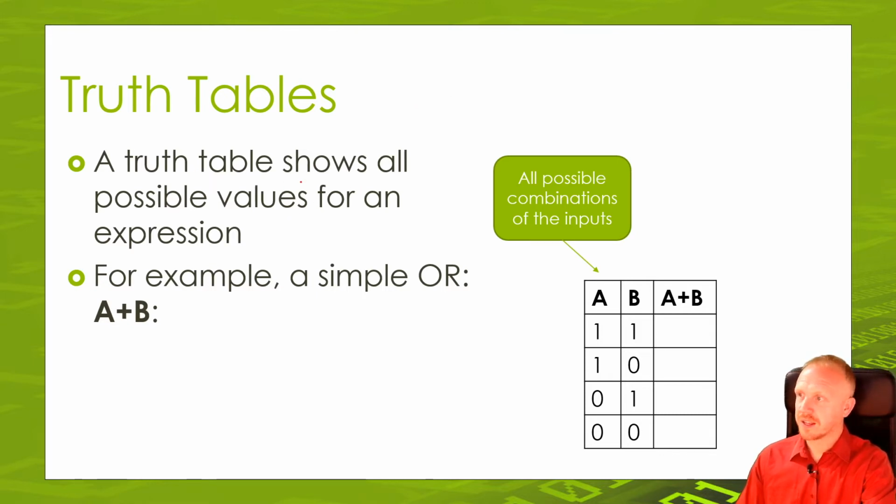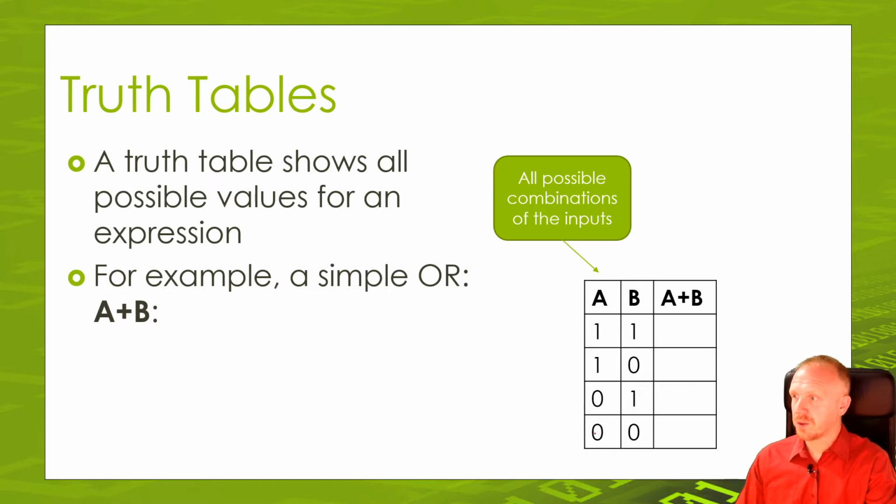Now this order here, starting with 1, 1, and then going 1, 0, 0, 1, 0, 0, the exam board we use for GCSE does it in that order. Almost everywhere else starts with 0, 0, then 0, 1, then 1, 0, then 1, 1. I don't know why our exam board does it differently, but this is the order for the exam board.